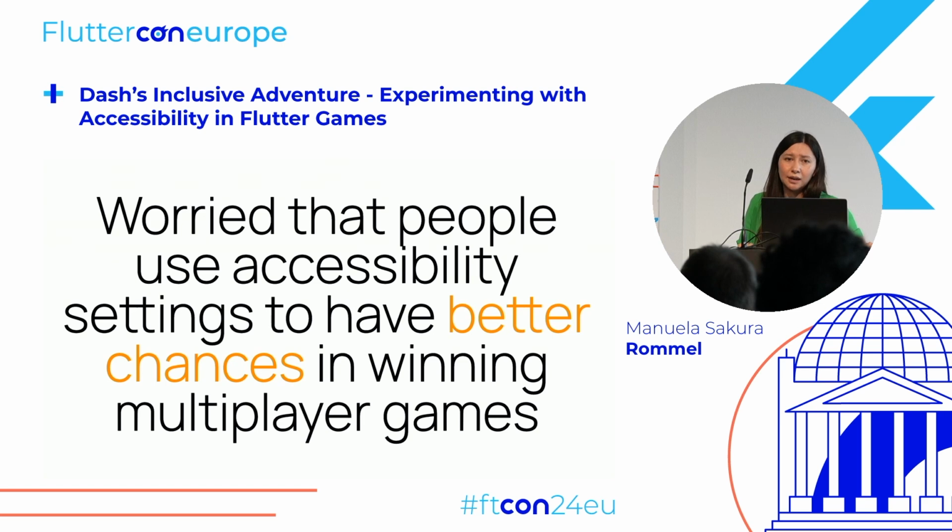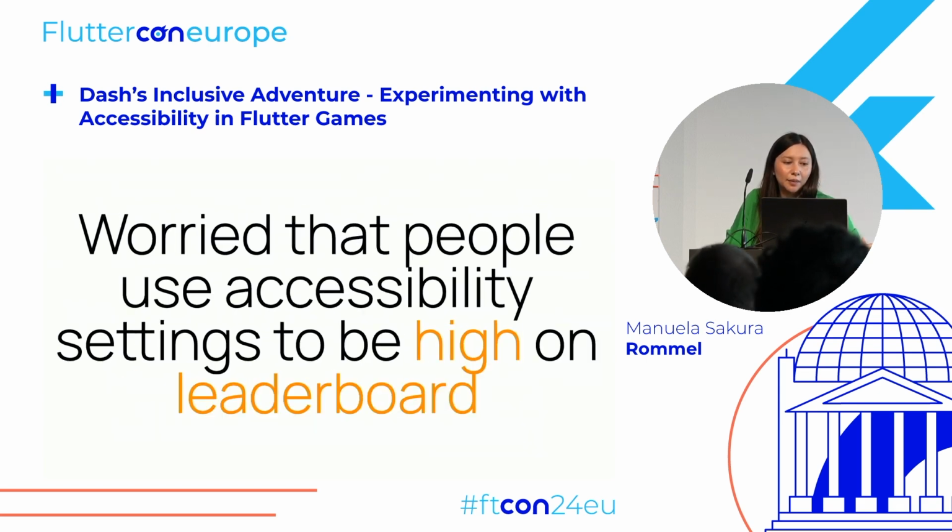So you could set, hey, if I don't have auto-aim enabled, I don't want to play with someone who has auto-aim enabled, because I want to have, I don't know, an equal match or something.